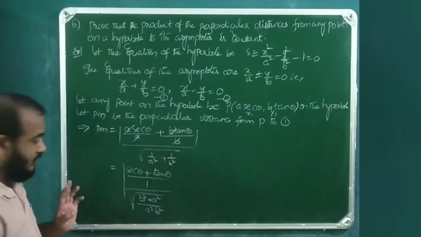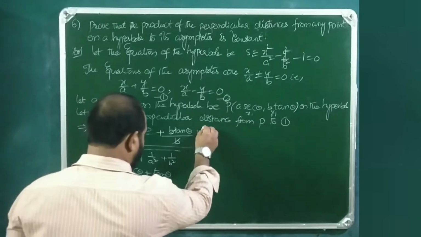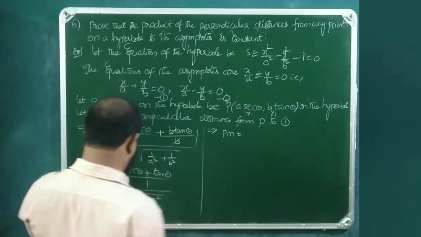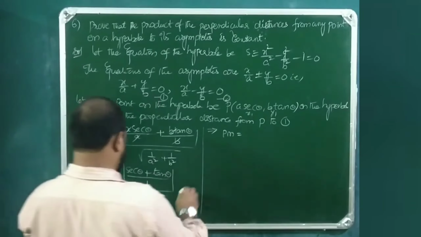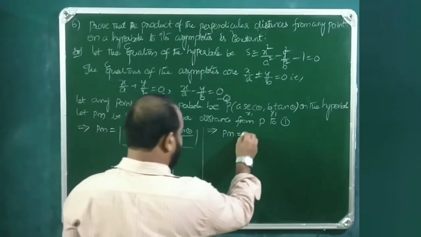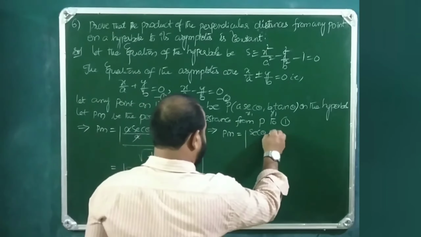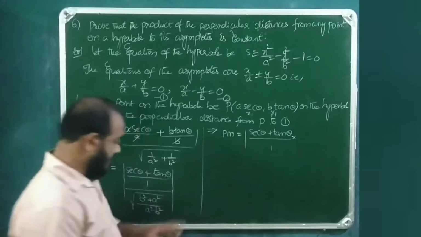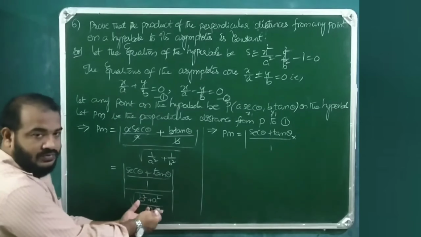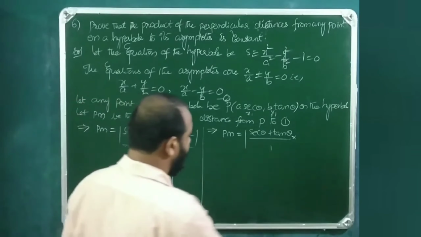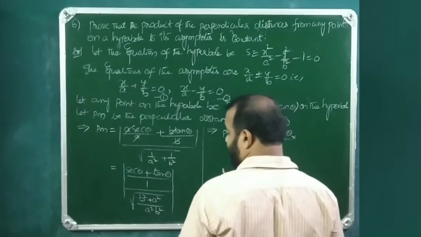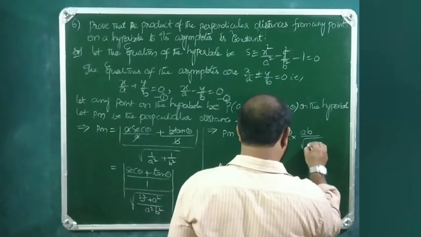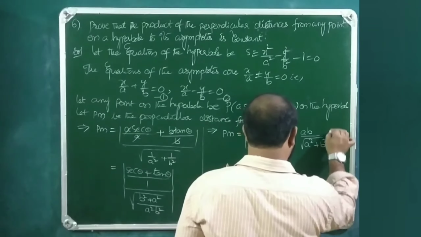So PM is equal to modulus of secant theta plus tan theta by 1 into, this would be reversed, so a square b square under root is ab, by square root of a square plus b square.